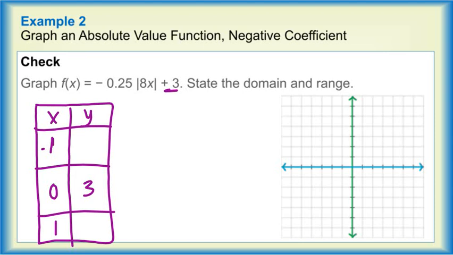So -1 times 8 is -8. The absolute value of -8 is 8. So 8 times a -0.25, or really it's 8 divided by -4, we would get a -2.